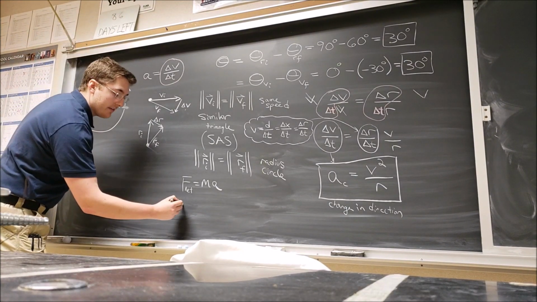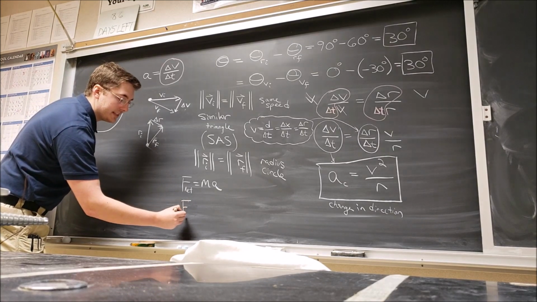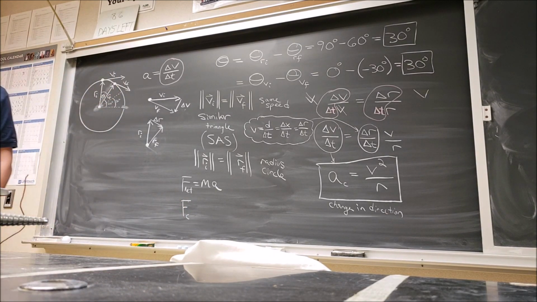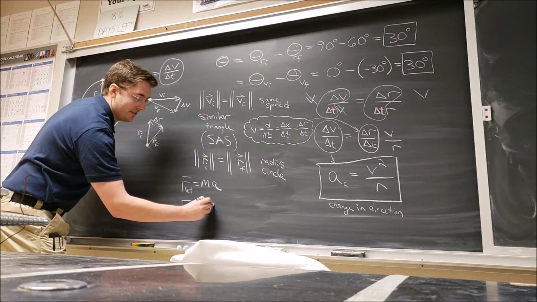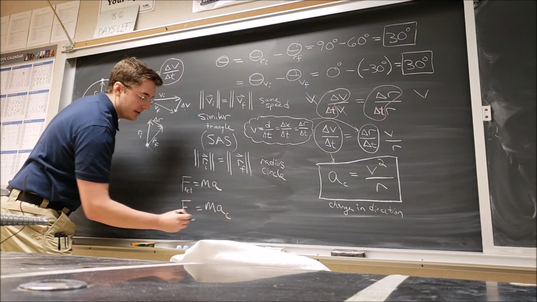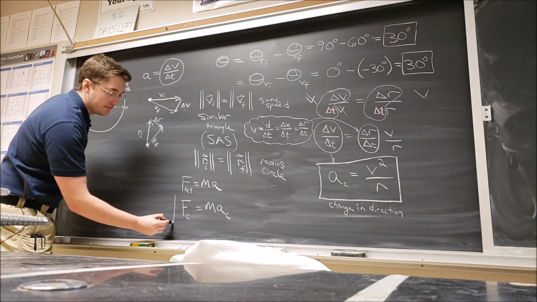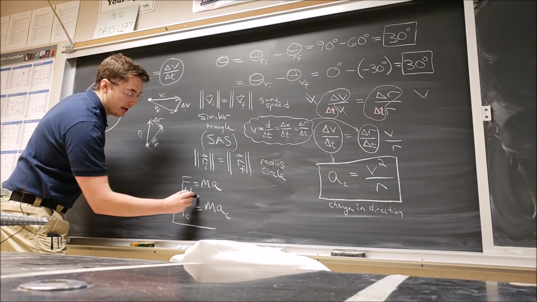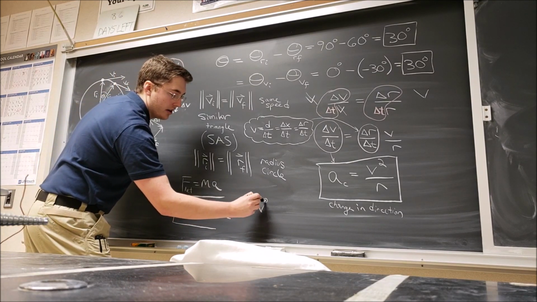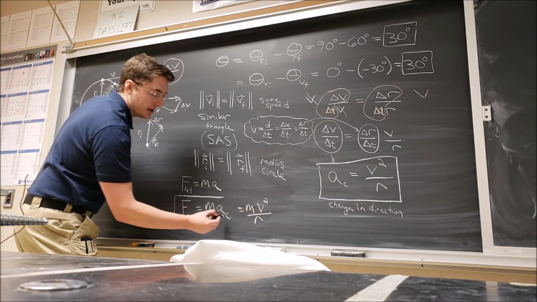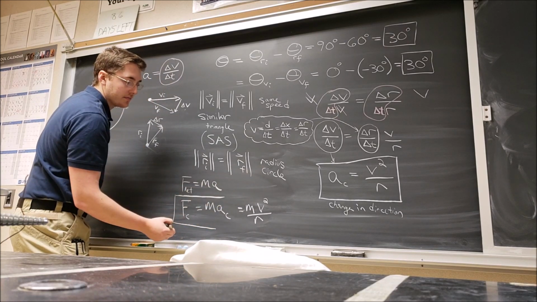But we have a new form of force, let's call it Fc, which is called the centripetal force, equal to m a_c. All right, and so this right here is important. And we said that that's equal to then mv squared over r, because we can plug in what we just found out.